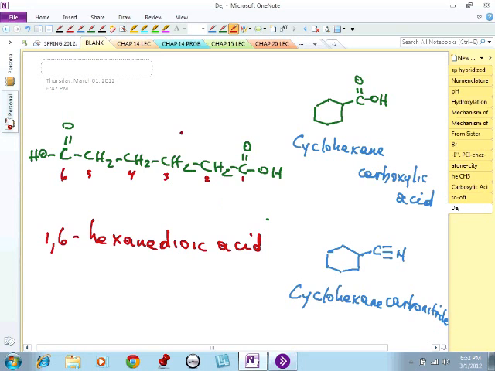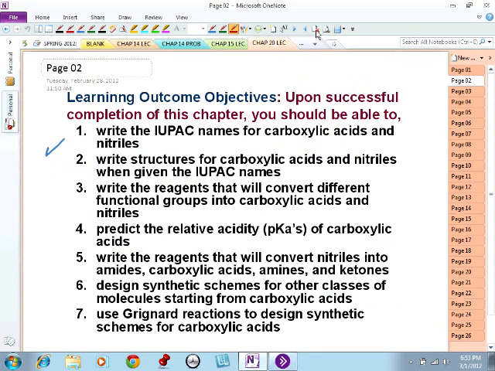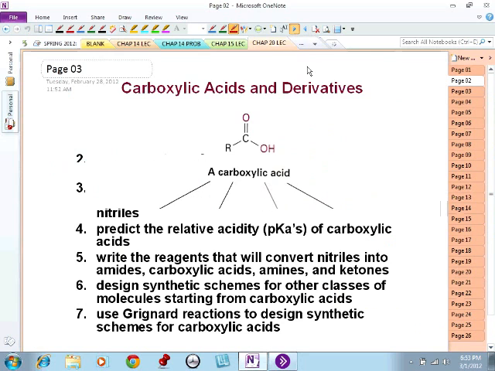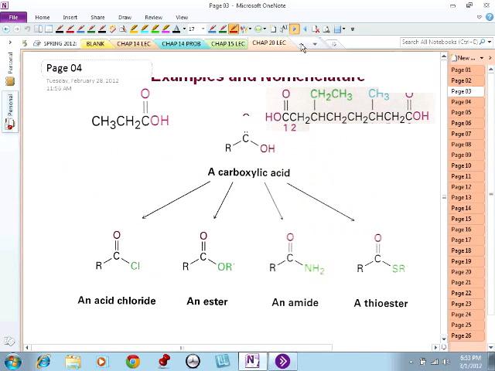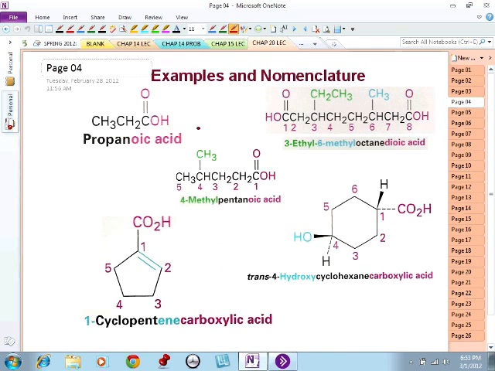Okay, so that's all we're going to do about nomenclature. And so what I want to do now is take you back to the slides to give you some of the examples that we just gave you. These are all nomenclature: propanoic acid. This is 4-methylpentanoic acid because the methyl group is in the 4th position.